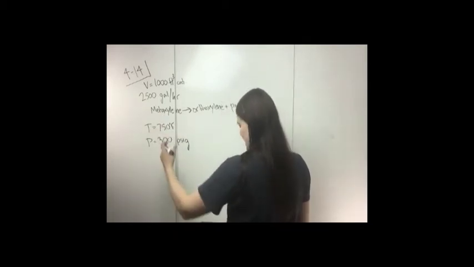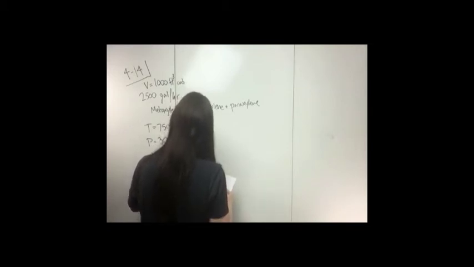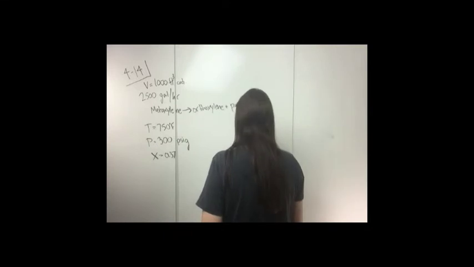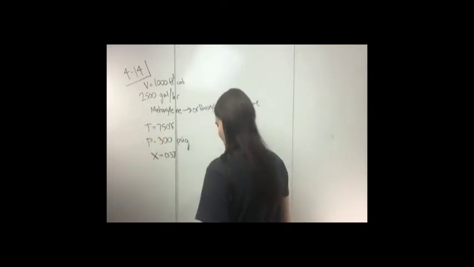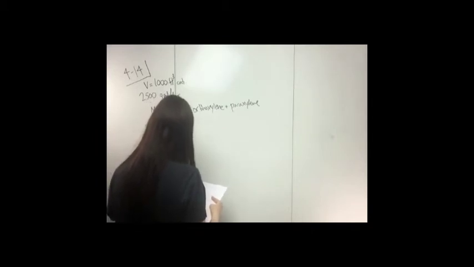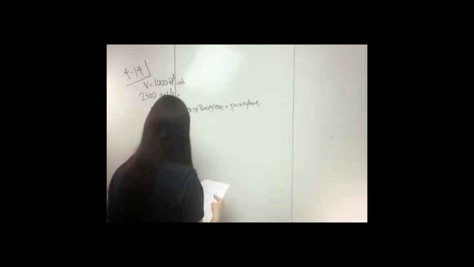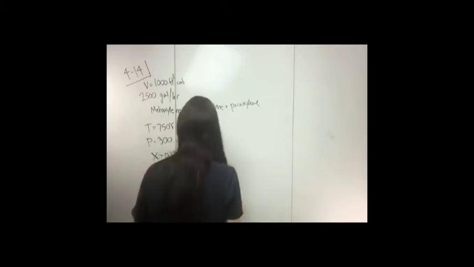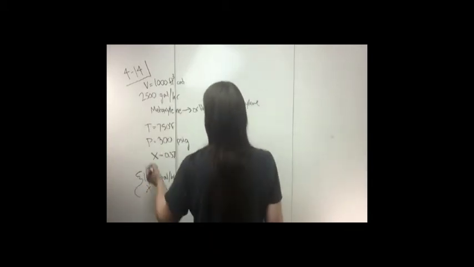With these conditions, you get a conversion of 0.37. Then if you change your flow rate from 2,500 gallons per hour to 1,667 gallons per hour, X is equal to 0.5 with the same temperature and pressure.